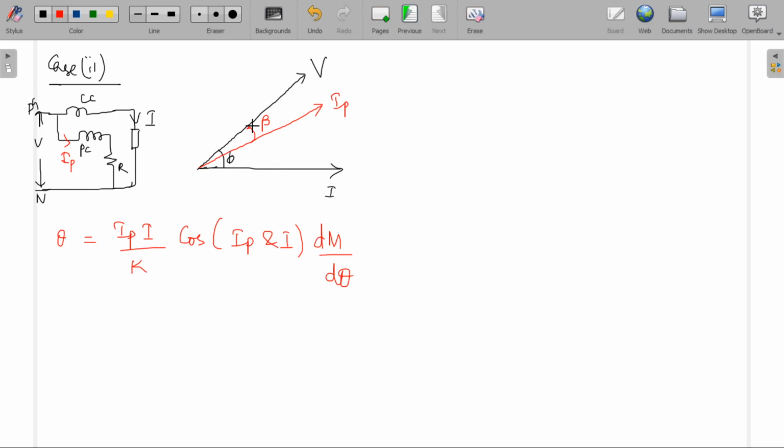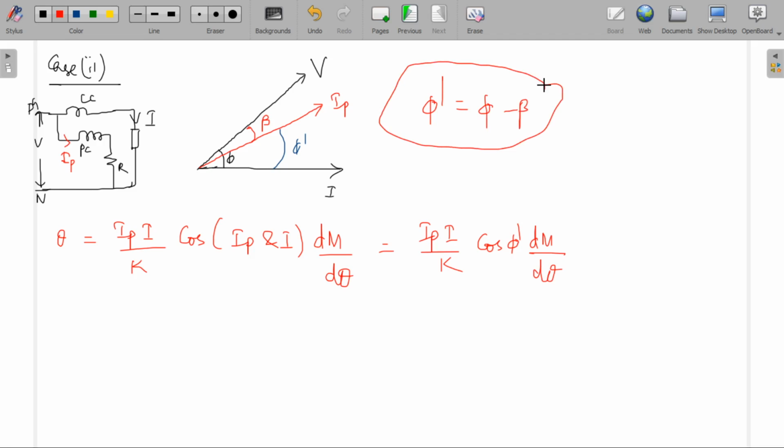Let phi dash be the angle between these two. Then theta is equal to IP I by K cos phi dash dM by d theta. What is phi dash? Phi dash is equal to phi minus beta, right?